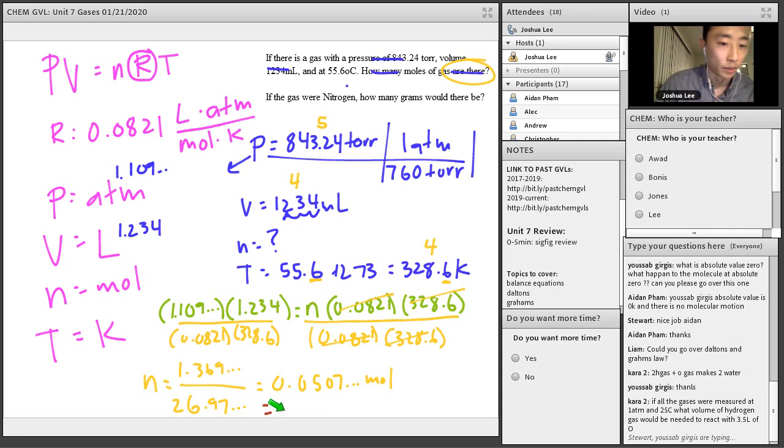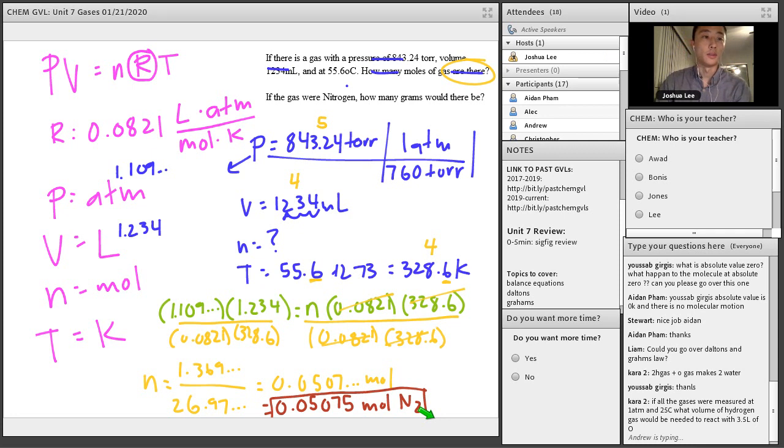So then my answer would be 0.05075 moles N2. And then to go from moles to grams, you just convert those moles into grams using molar mass.